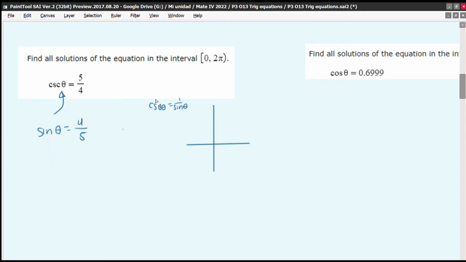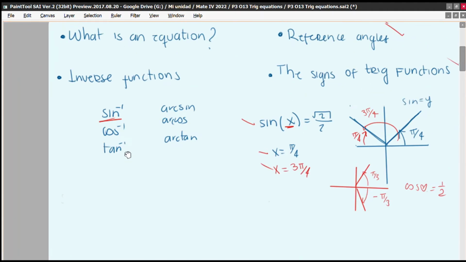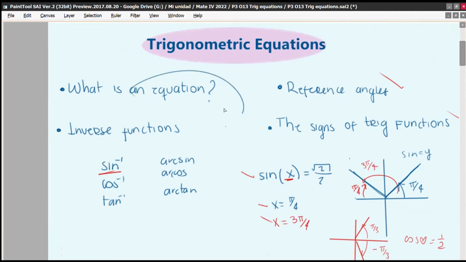Because if cosecant is a reciprocal of sine, that is the flipped version of sine, then we should also flip the right side of my equation. Why? Because remember, an equation is a balance, and if you flip one side, you will have to flip the other one, okay?